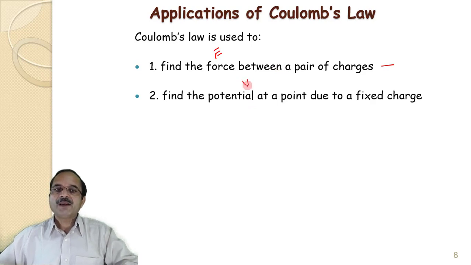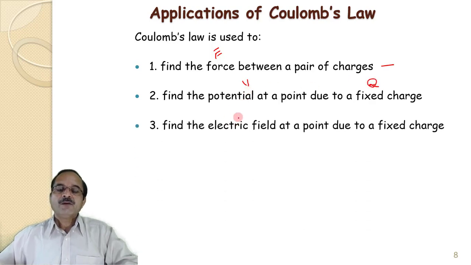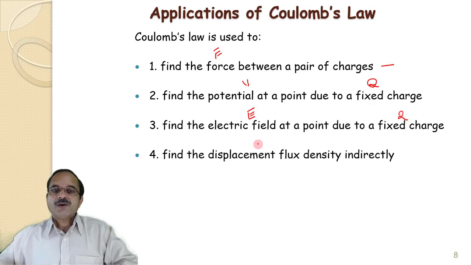Potential means V, which is a scalar quantity. So because of a fixed charge Q, we can find out the potential V. We can find out the electric field intensity at a point due to a fixed charge. We can also find out the electric flux density indirectly. That means knowing the value of E, we can find out D.